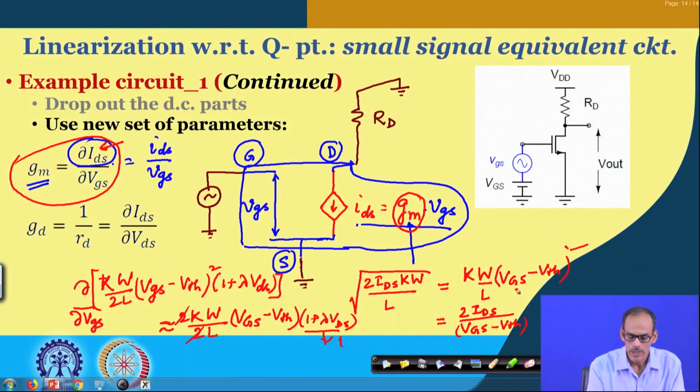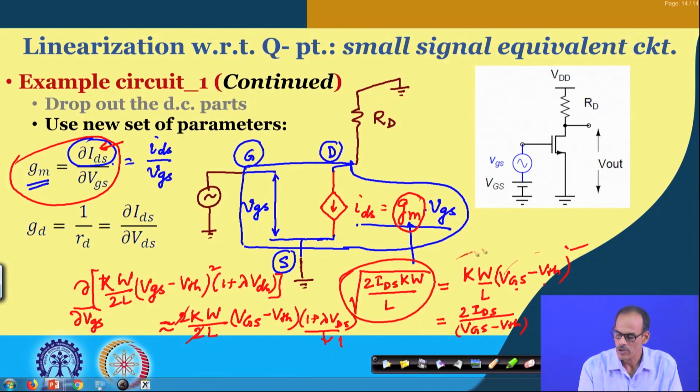Now, if you use the expression of IDS in terms of VGS and W by L, you can replace this in terms of either IDS, or W by L in terms of IDS and VGS, to get these 3 forms of the GM.